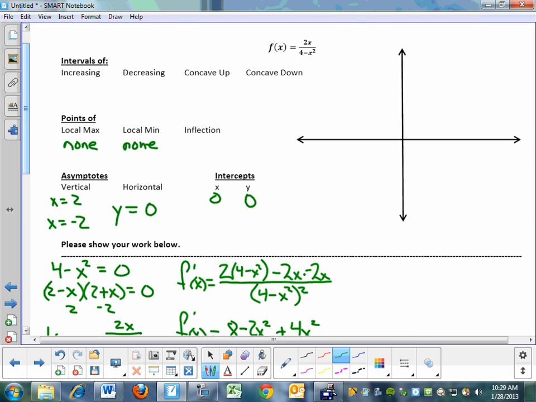Intervals of increasing: negative infinity to negative 2, negative 2 to 2, and 2 to infinity.